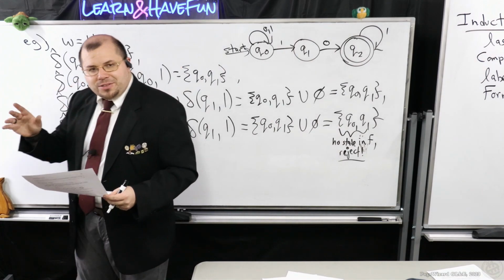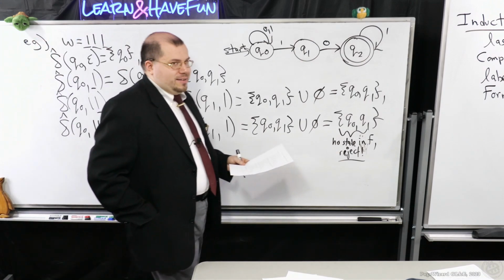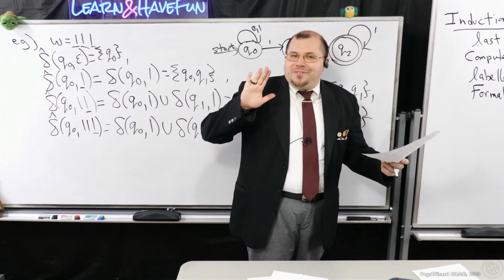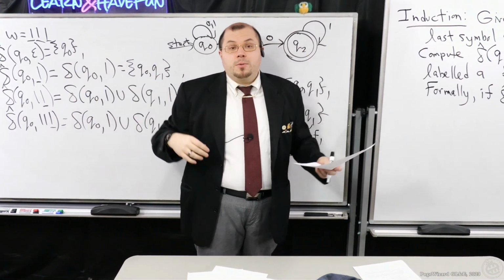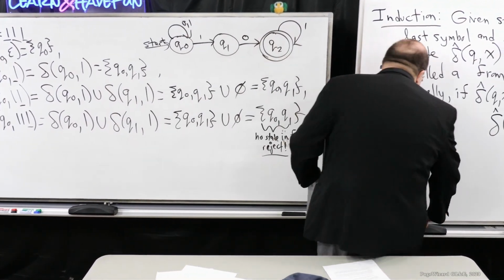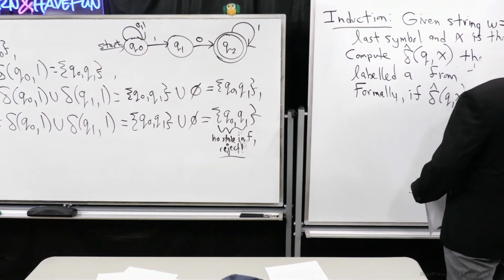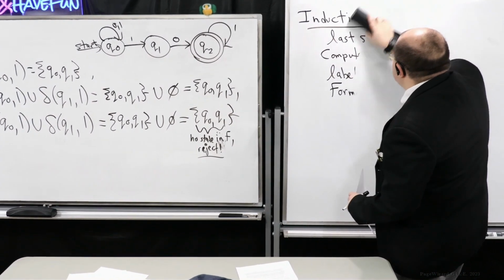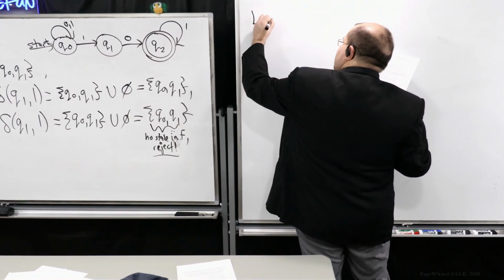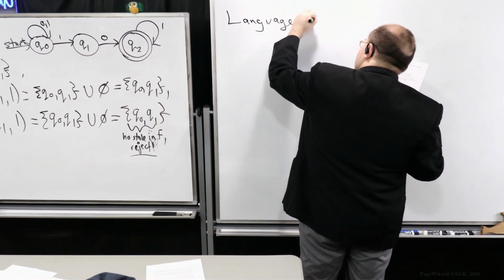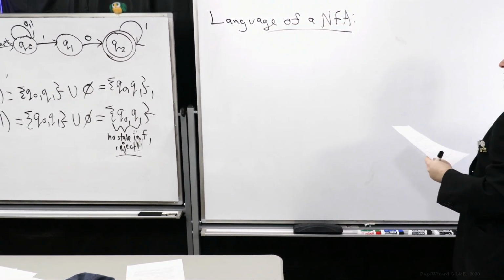So again, there's going to be another example here in the notes. But now I want to define what the language of an NFA is. Because before we had a definition for the language of a DFA, now we would like to have a definition using our formal definition of computation of an NFA.